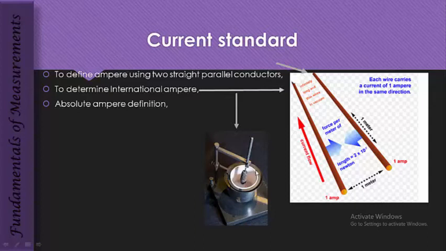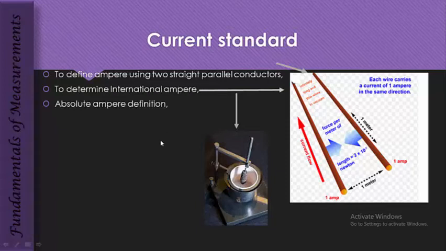You take a vessel in which silver nitrate solution was kept, and you have an electrode that deposited silver at the rate of 0.000118 gram per centimeter, and you measure the current for this particular silver deposition, and that you defined as international ampere. Again this had a problem because the silver deposition measurement was inaccurate. So they did not accept this international ampere standard.